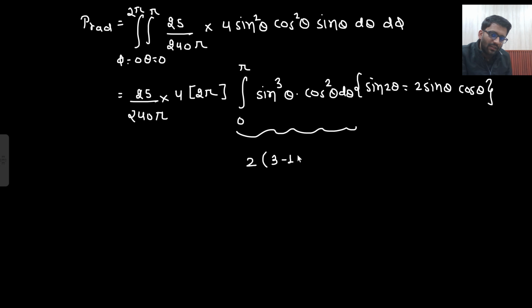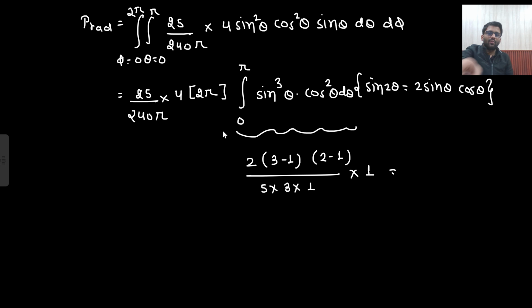Using the formula: (3 minus 1) into (2 minus 1), divided by (3 plus 2 is 5) 5 into 3 into 1, and since it is even, 3 plus 2 is odd, so it will be 1. So what is the answer you are getting? The 2 I have taken outward. So 2 into 2 divided by 15, that is 4 by 15. So here the integration answer we are getting is 4 by 15.